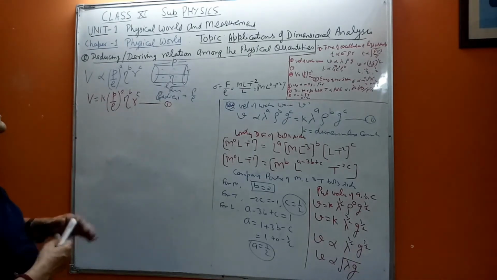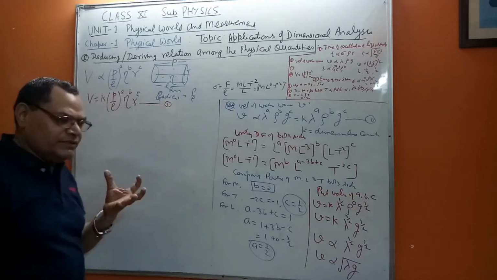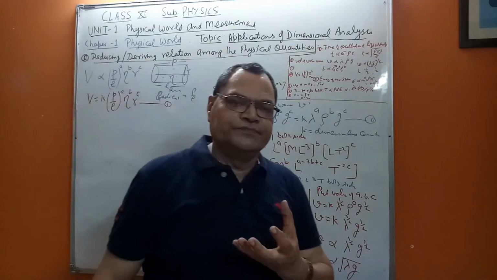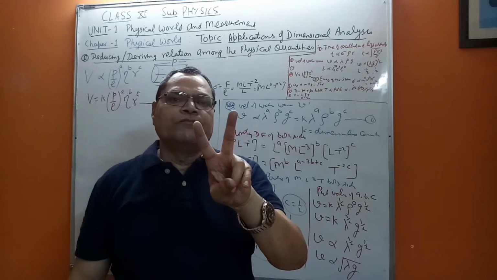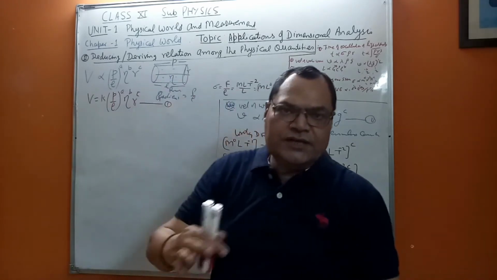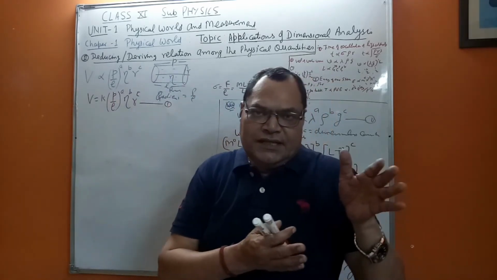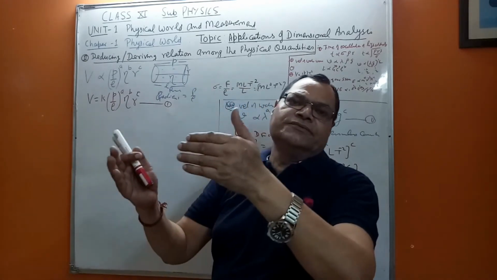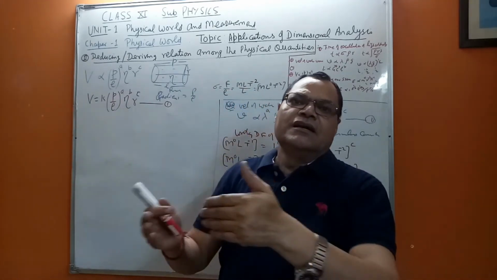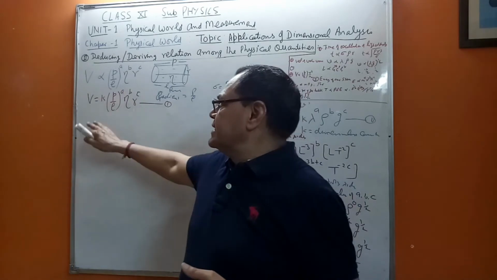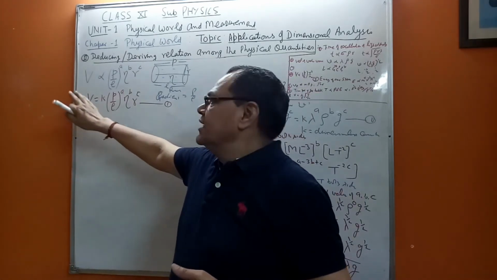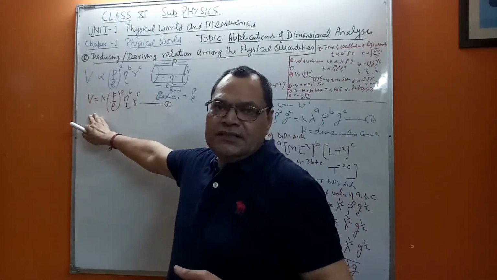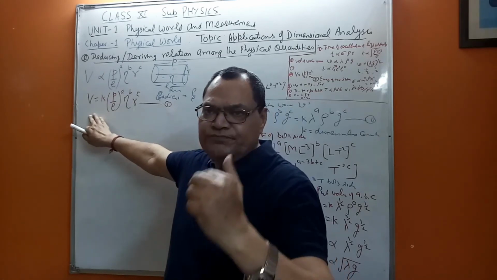Now a very important term: this is showing basically the volume symbolically, but actually it is the rate of flow of liquid, that is the volume of liquid flowing per second, per unit time. So as far as dimensions are concerned, it will have the dimensions of volume per second.